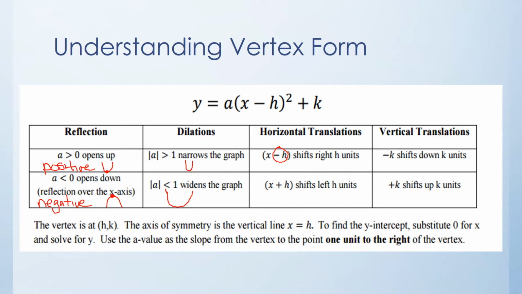Whereas when we add h, it shifts it to the left because it does the opposite. Outside the parenthesis, it does exactly what it says. Negative k is going to move it down. Positive k is going to move it up. Okay? Then remember the vertex is (h, k). The axis of symmetry is written as x equals h.